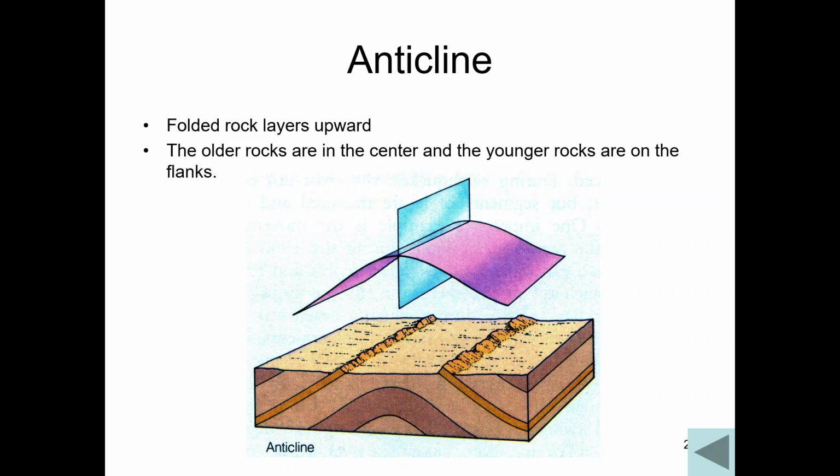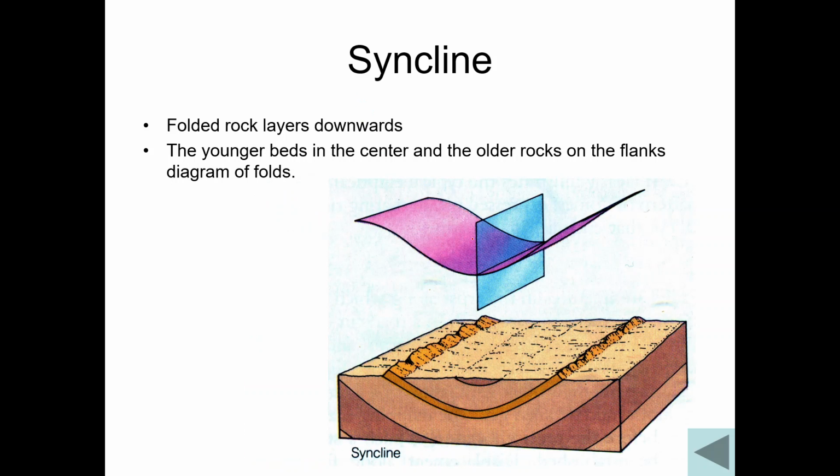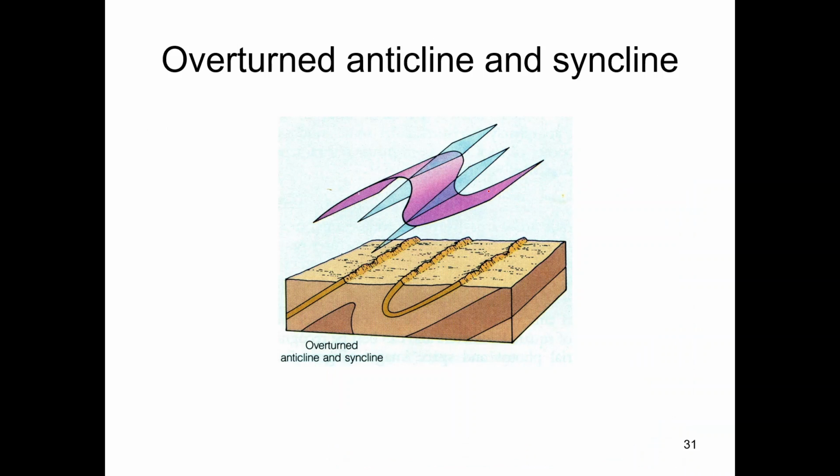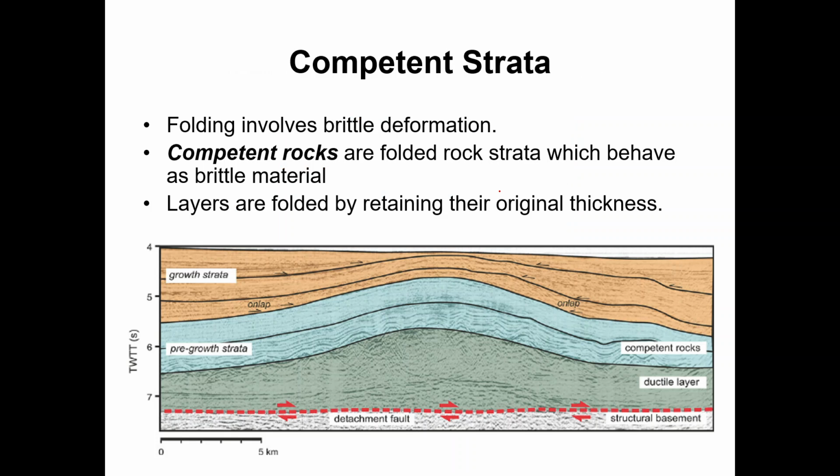When both sides bend upwards, it is called an anticline. A syncline is downwards. Overturn means the axis is in the same direction, and the dip direction is in this way, so that means overturn. So stop here. Continue.